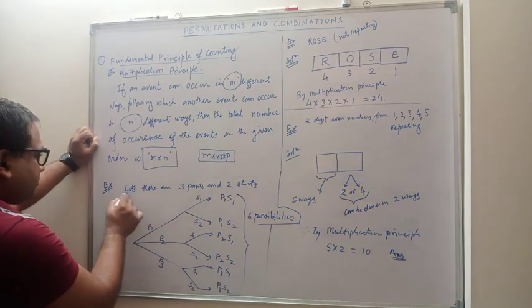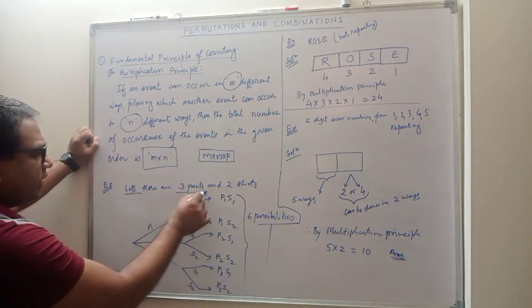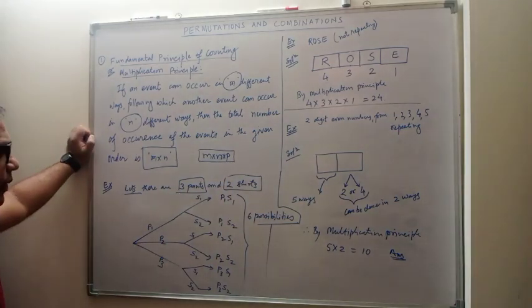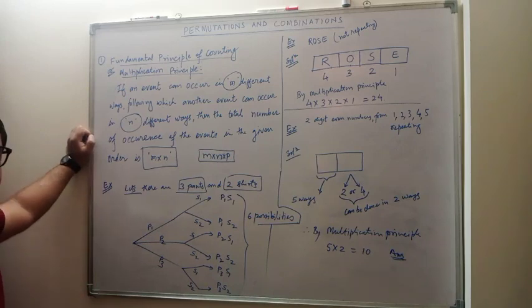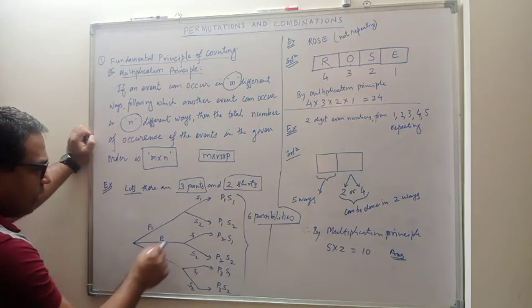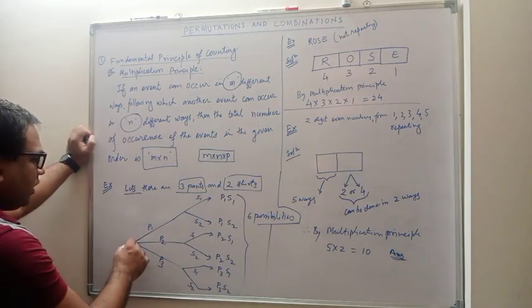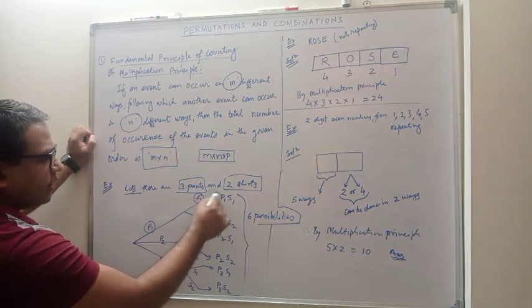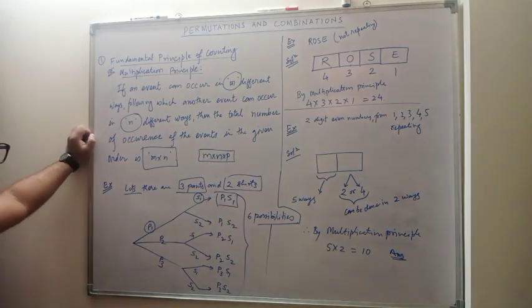Let us say there are three pants and two shirts. We will not look at combinations; we will calculate how many possibilities there are to make arrangements. If I consider pant 1 and shirt 1, I get this as one possibility.